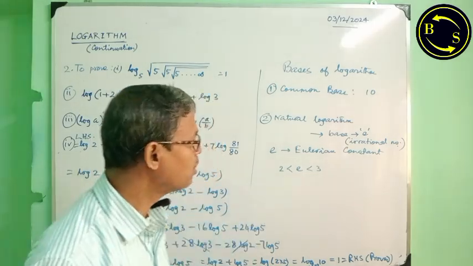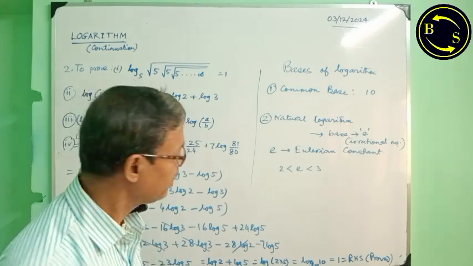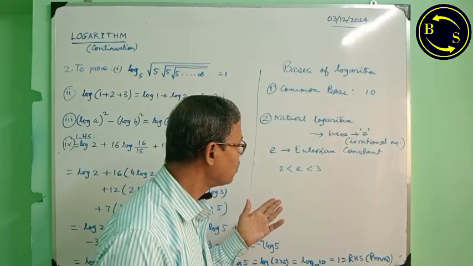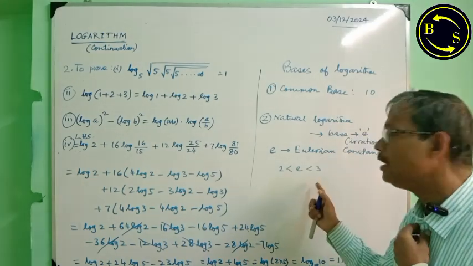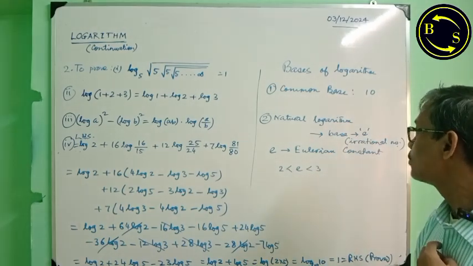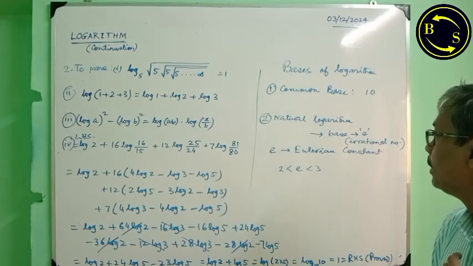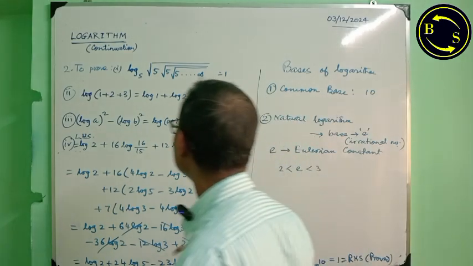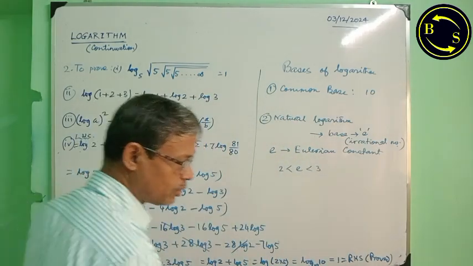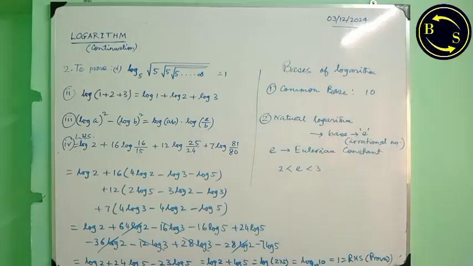In case of logarithm, I repeat it, in case of logarithm used in calculus, base will be e. This is called natural logarithm. And now we move to work out few more sums.